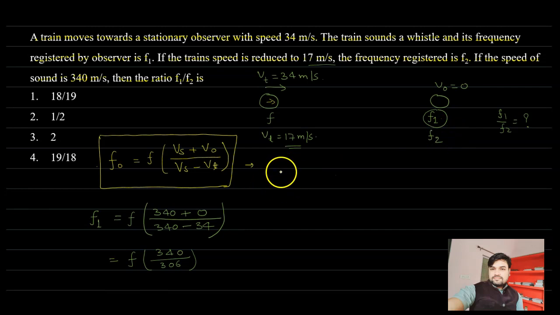So we can write f2 equals f into velocity of sound 340 plus velocity of observer 0 divided by velocity of sound 340 minus velocity of train, in this case 17 meter per second. So this will become 340 divided by 323.